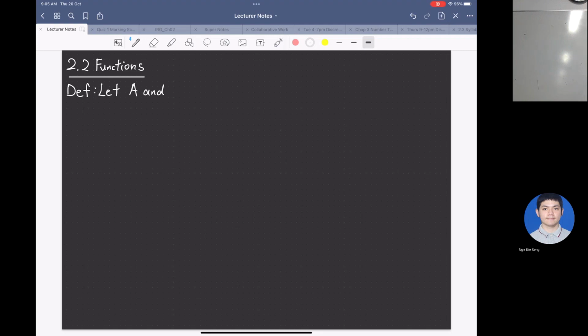Given two sets, we want to define a function between them.